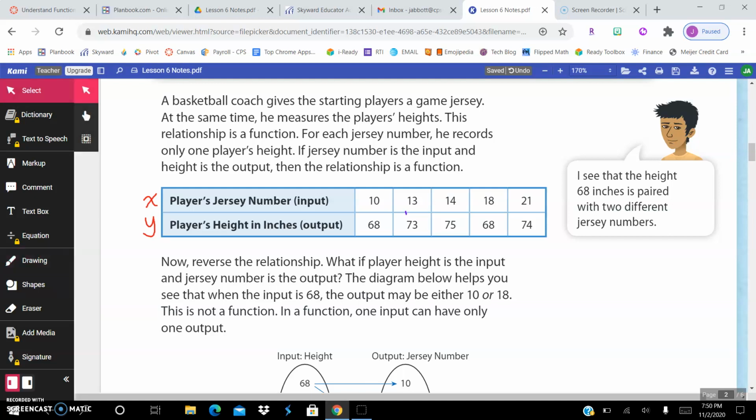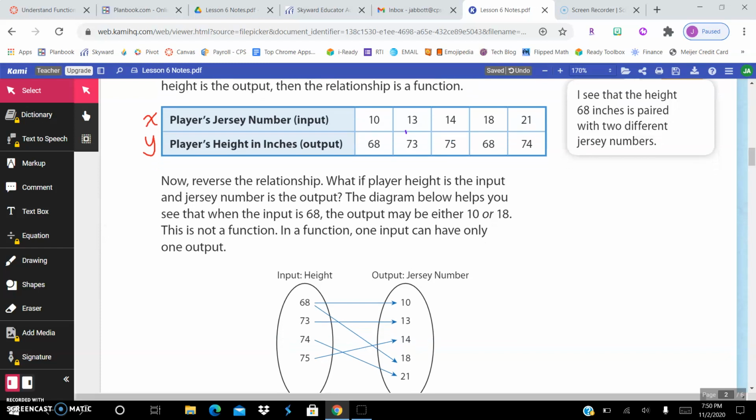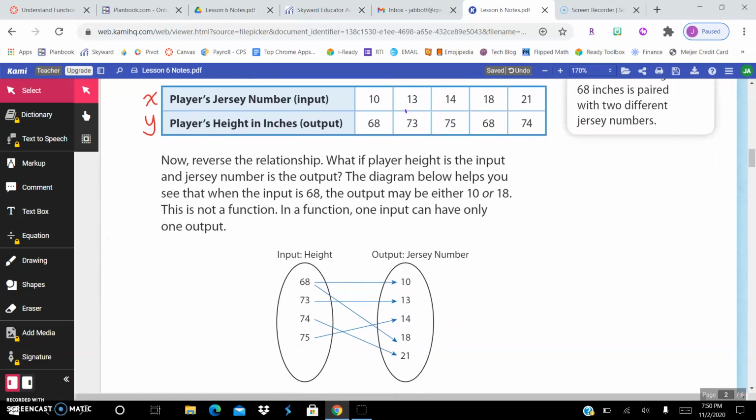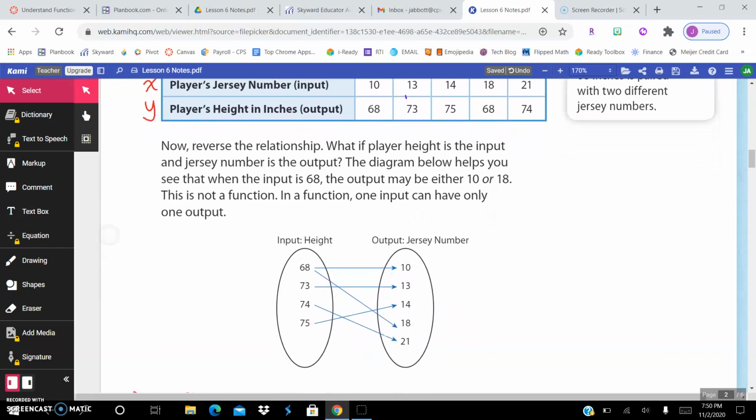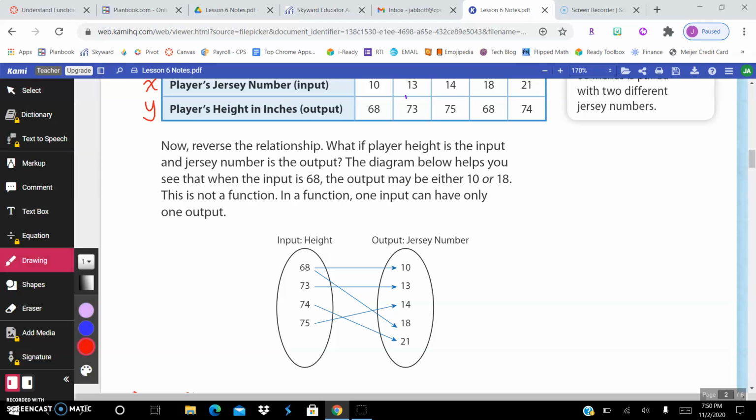But if we flipped those and made the height the input and the jersey number the output, like modeled here in this diagram, then it would not be a function, because if you look, the input, which would be x, and the output here is y, this 68 is going to the number 10.